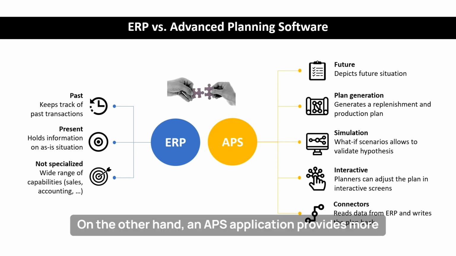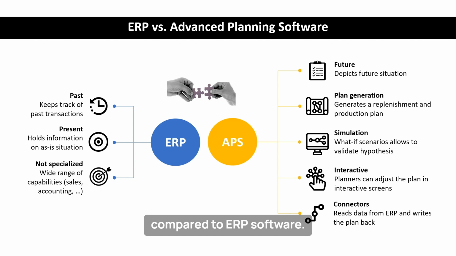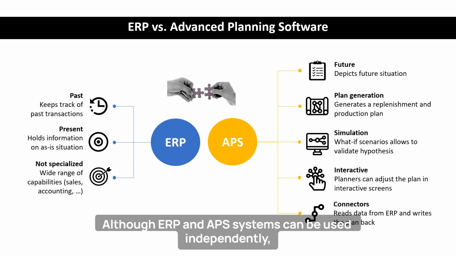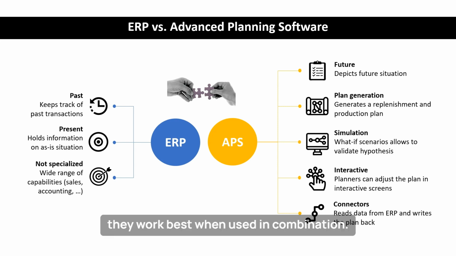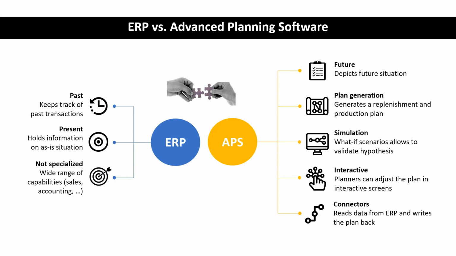On the other hand, an APS application provides more advanced tools and algorithms for what-if scenarios compared to ERP software. Although ERP and APS systems can be used independently, they work best when used in combination.